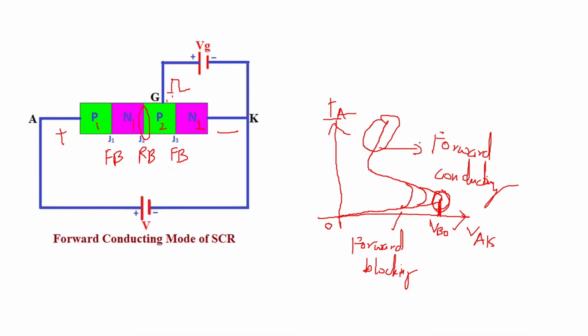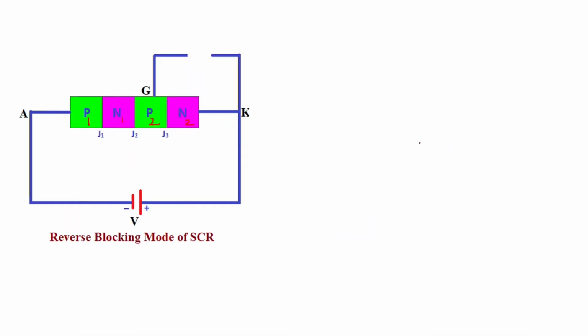Then we'll see what we mean by the reverse mode of the SCR. In reverse mode, we have shown that the anode is connected to the negative of the voltage and the cathode is connected to the positive of the voltage.